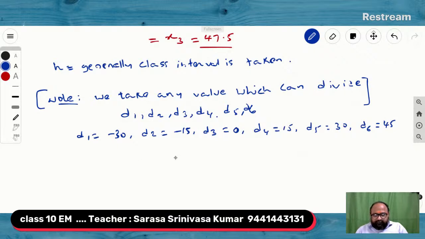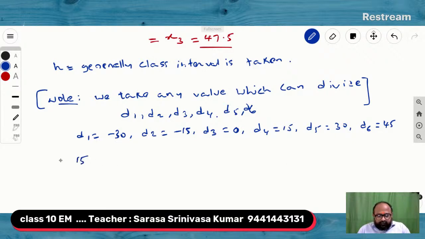Which number divides all these values? That is, h is taken as the highest common divisor of all these. Now, if you observe, 15 divides all these values.